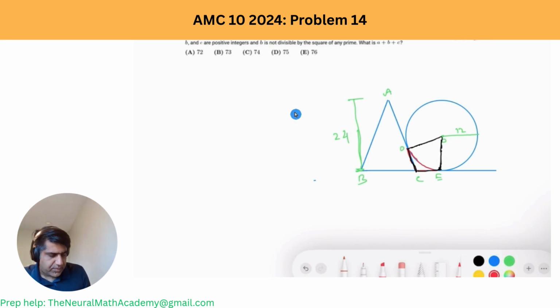Now from this figure we see that the area that we are interested in is simply equal to the area of the trapezoid minus the area of the sector, right? I'm talking about this sector.